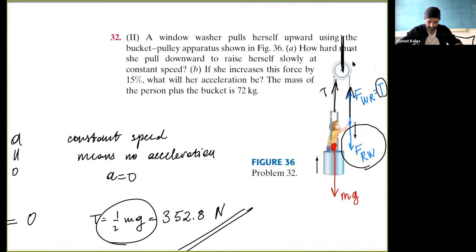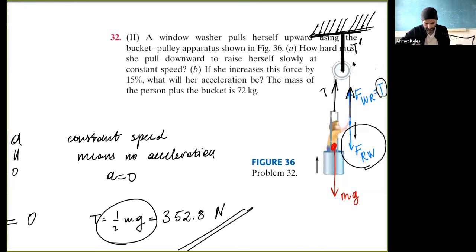There's another rope, a thicker, strong rope, and this one is tied to a ceiling like this. And I ask myself, what is the tension here? This, I don't know. Let's call this T prime, okay? What is the T prime?